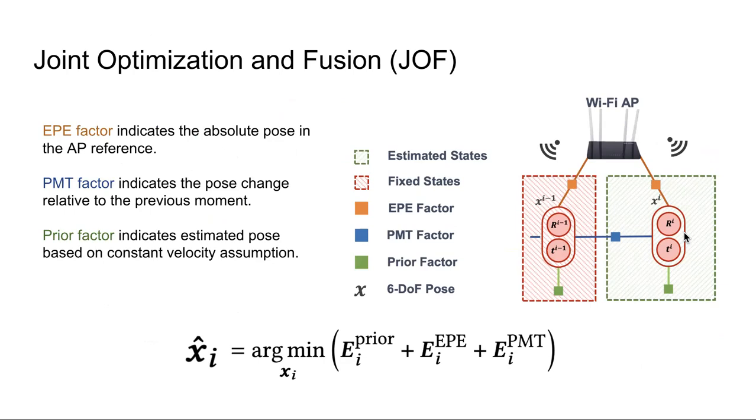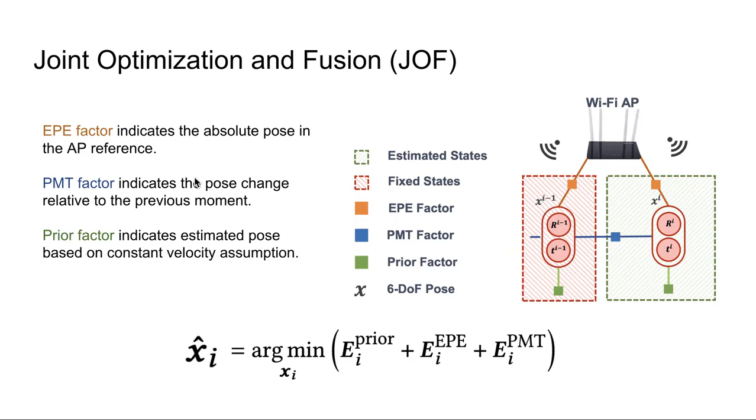the green box represents the estimated state, which is at time i, the current time, and the red box represents the fixed state in the past, at time i minus 1.